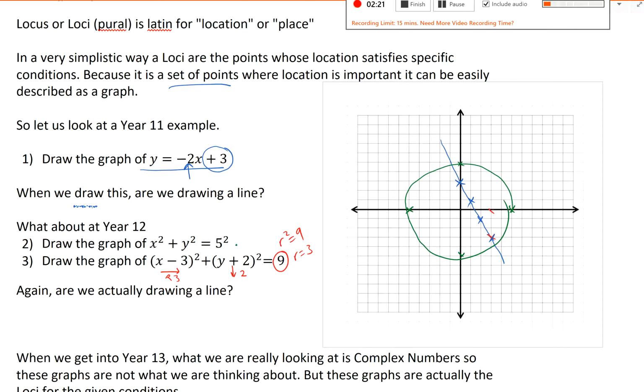Radius of 3, down 2. Can't count, down 2 there. Radius, radius, radius, radius, and there is my circle. Again, are we drawing a line? No, it's a whole bunch of points that, when enough are there, looks like a circle.